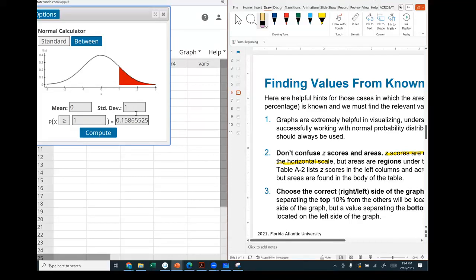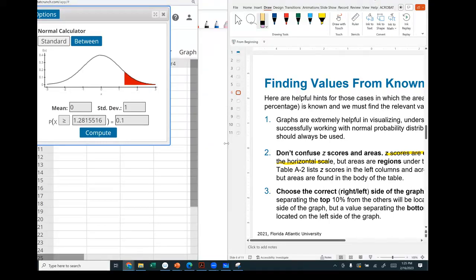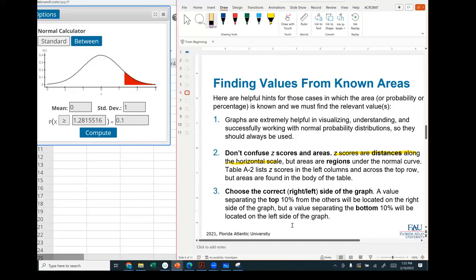So I want to know what value separates the top 10%. So here, I don't know the z, but I know the probability is 10%, which would go in here. This would give me my z-score. Okay, so that's my z-score. Let me move this a little bit so we can read this. There we go. Okay, so that's my z-score that separates the top 10% from the others.